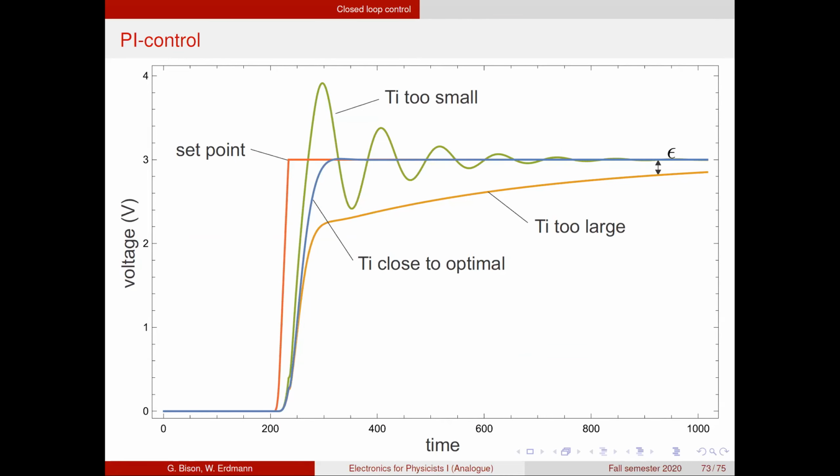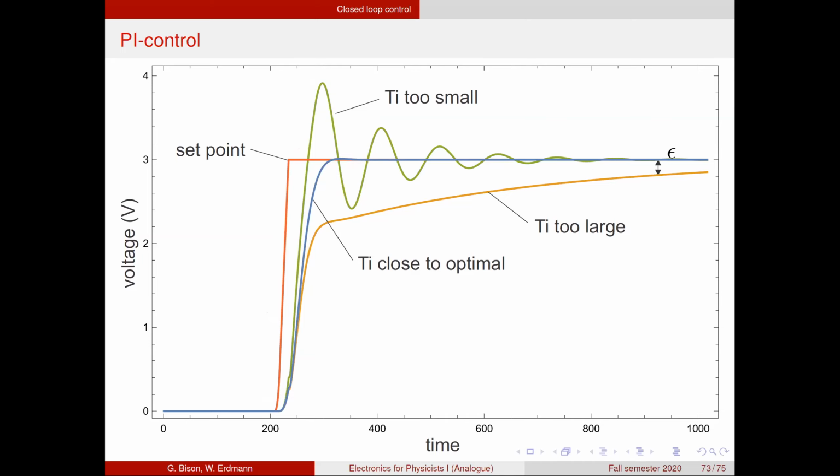Under the given constraints, so under the given time constant of our process, this is about as good as it gets. You can do a little bit better, as the green curve shows you here. So we go steeper towards the new set point, but then we have to live with those oscillations.